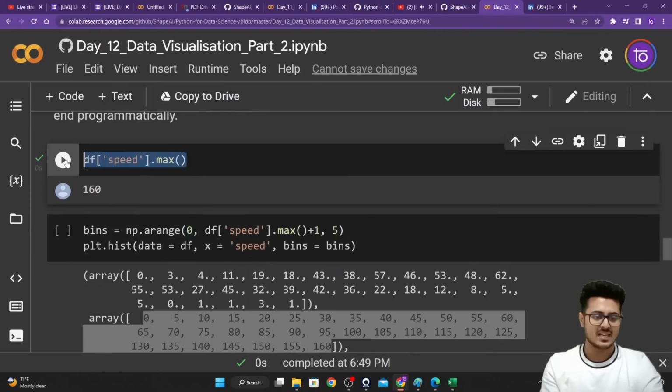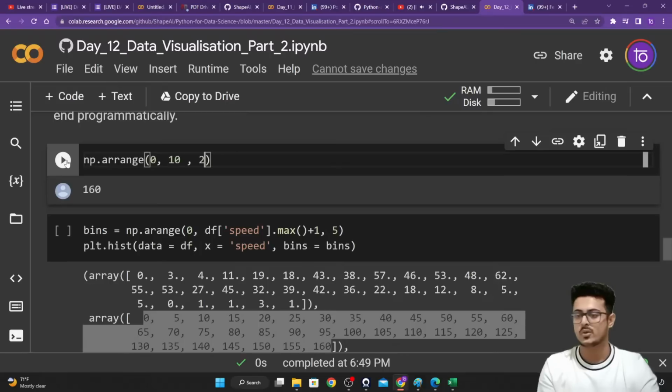Now let us try to create our own np.arange. We want to start from 0 and go up till 10. Let's assume we want to write all the even numbers between 0 and 10.